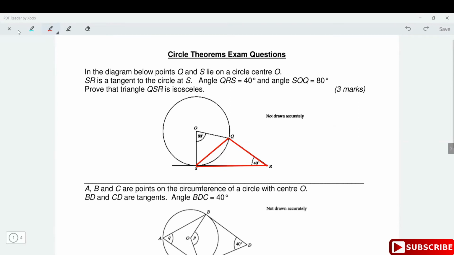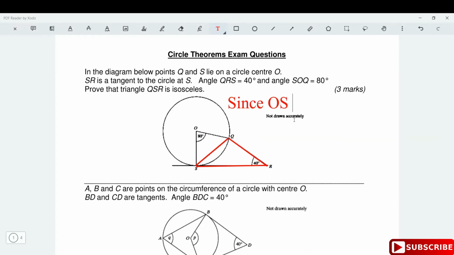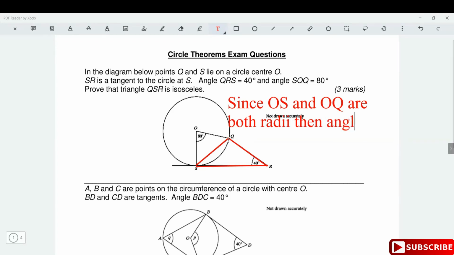So then what do we know? What we know is that since OS and OQ are both radii, then angle OQS is equal to angle OSQ.